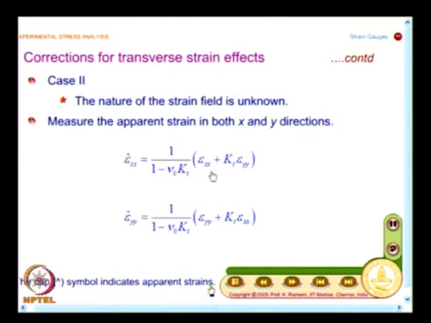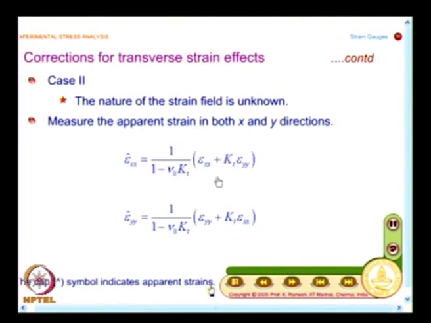And we have already indicated, if I put a cap, it is called the apparent strain, which is seen in the strain meter. So, epsilon xx cap equals 1 by 1 minus nu naught k t into epsilon xx plus k t into epsilon yy, and you have epsilon yy cap equals 1 by 1 minus nu naught k t into epsilon yy plus k t into epsilon xx.